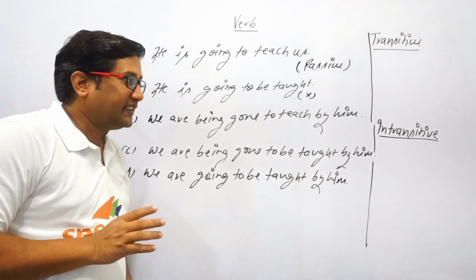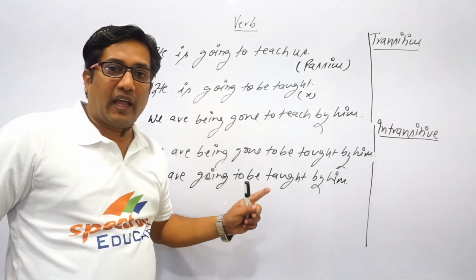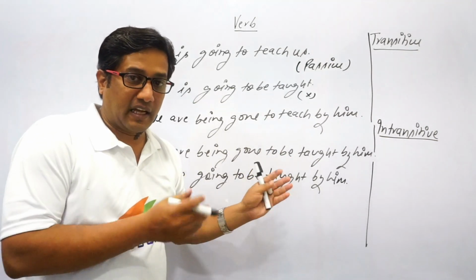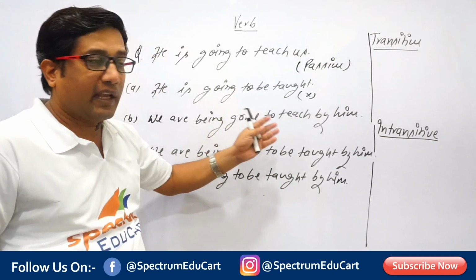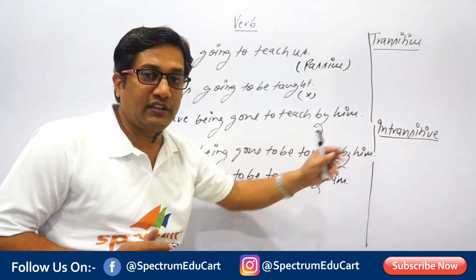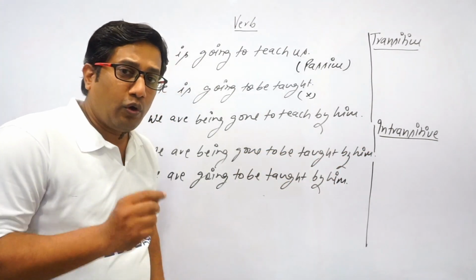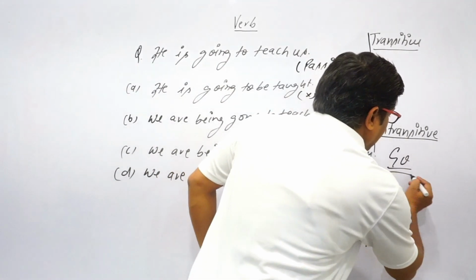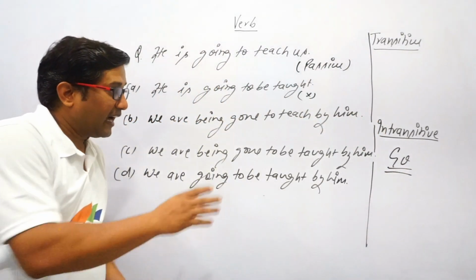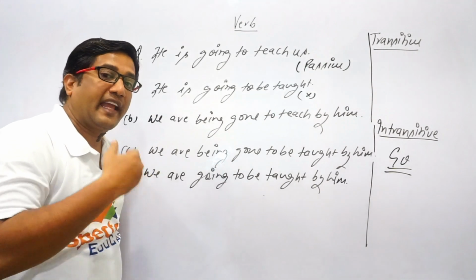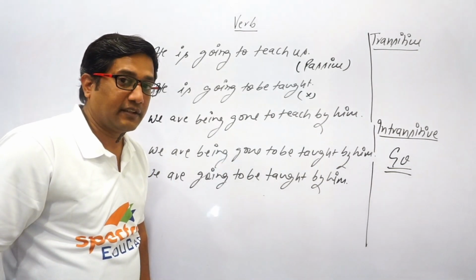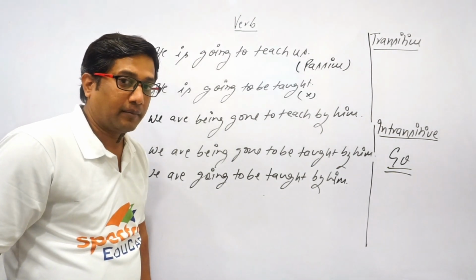Now the problem is that, as we talked about in an earlier clip, we cannot make the passive of an intransitive verb. So go is intransitive, and it is the kind of intransitive that we cannot even convert into transitive. So that's also a problem.